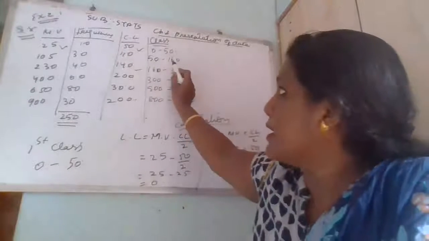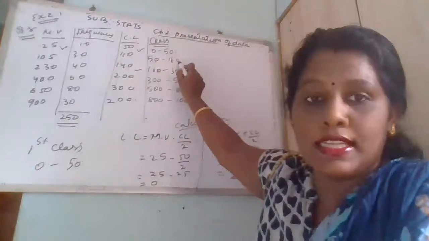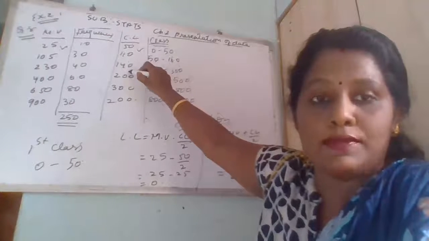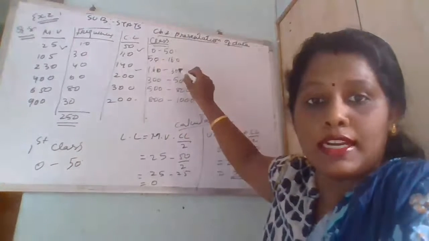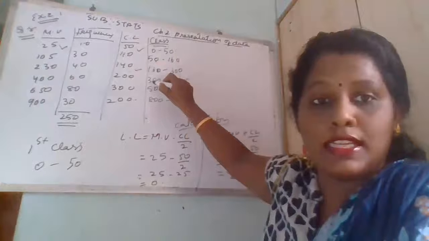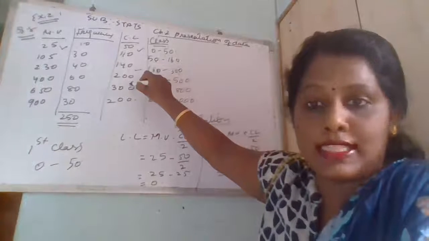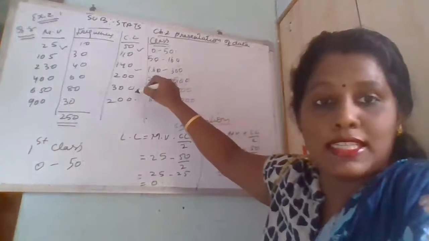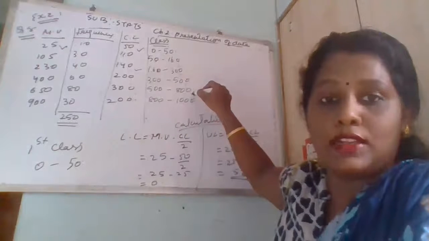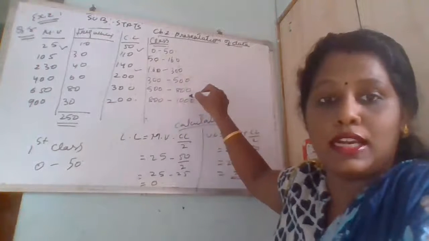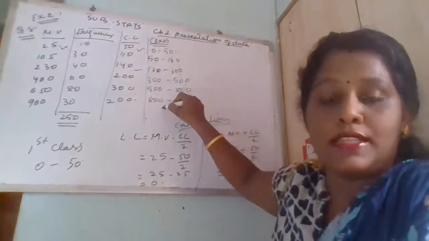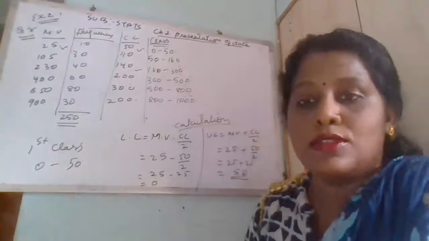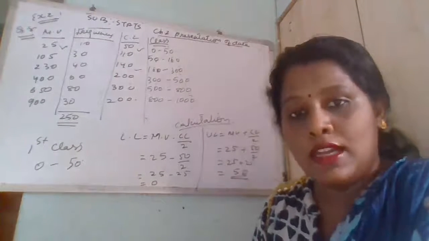So 50 plus 110 is 160, then 160 is repeated here, then 160 plus 140 gives 300, then 300 is repeated, then 300 plus 200 gives 500. Then 500 is repeated, adding 300 gives 800, so 500 to 800 is a class. Then 800 is repeated, and adding 200 gives 1000. So this is the way you have to find your class.